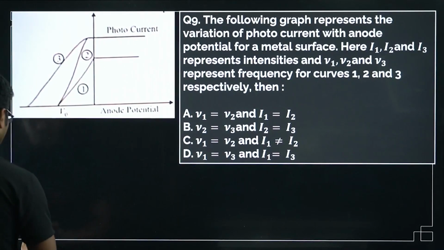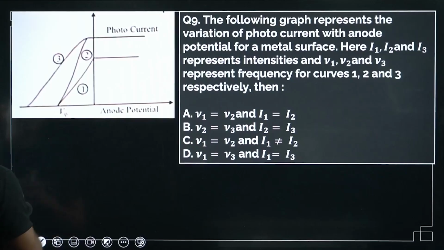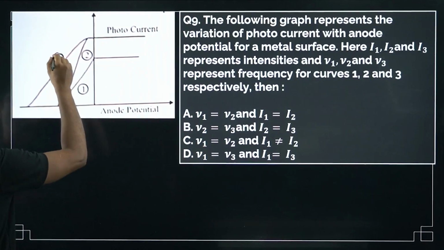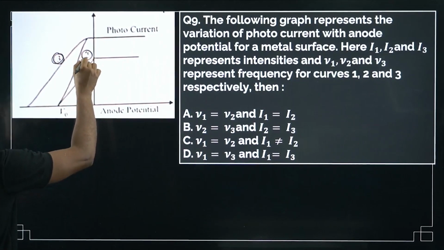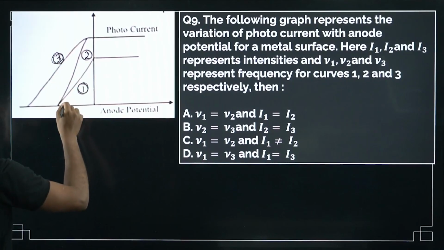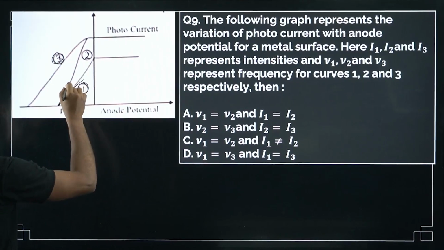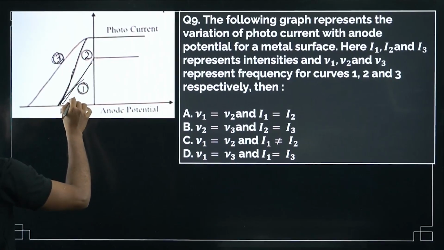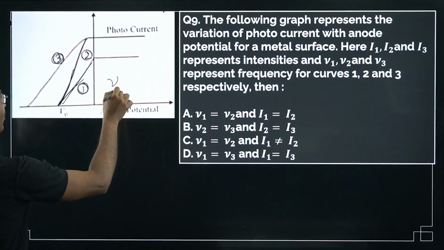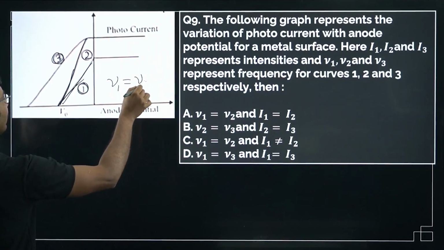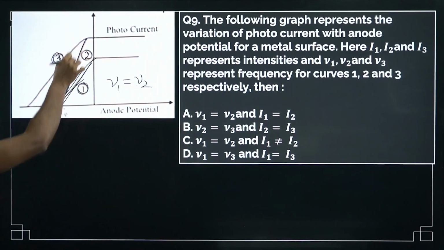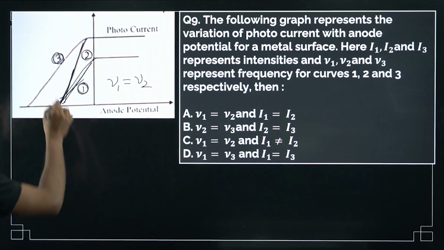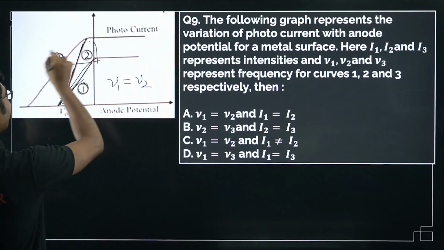Then let's see what are all the relationships. Here we have three graphs, 1, 2 and 3. As you see, these two have the same stopping potential. Same stopping potential means the frequencies are the same. So nu1 must be equal to nu2, and nu2 and nu3 are different.